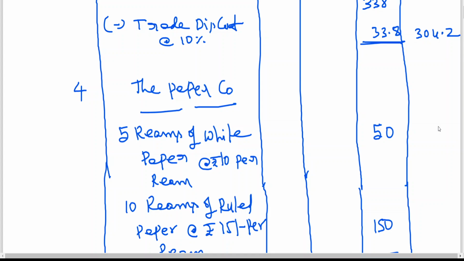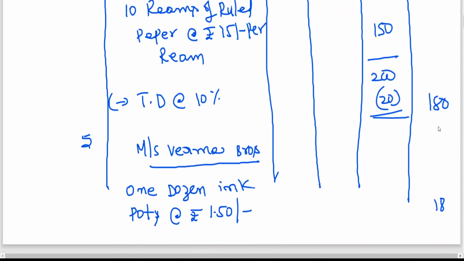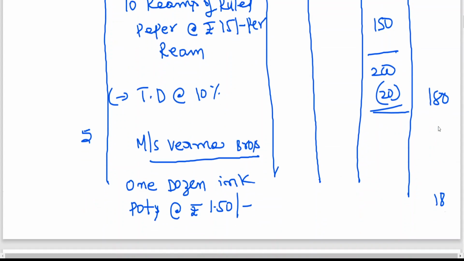Now you can go for totaling of 304.2 plus 180 here.